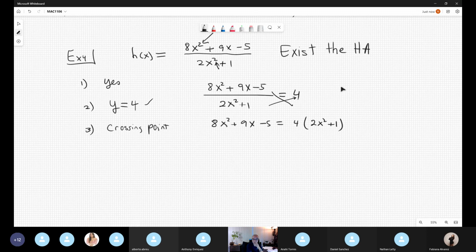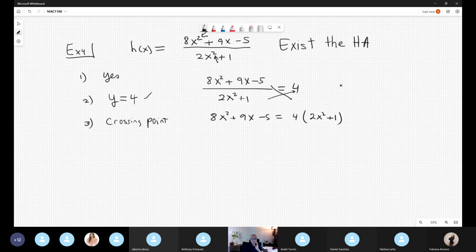Now I apply the distribution. This is 8x squared plus 4, no? And this is cancelled. Not always happens, but in this case it happens. And we have 9x minus 5 equal 4.